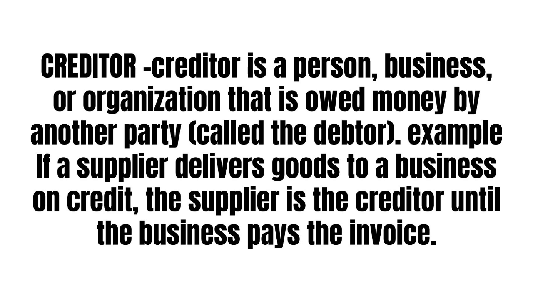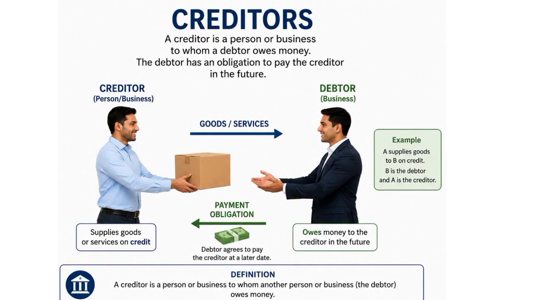Example: if a supplier delivers goods to a business on credit, the supplier is the creditor until the business pays the invoice. As you can see, a debtor and a creditor are opposites. Even in preparing accounts, a debtor is an asset while a creditor is a liability to the organization.